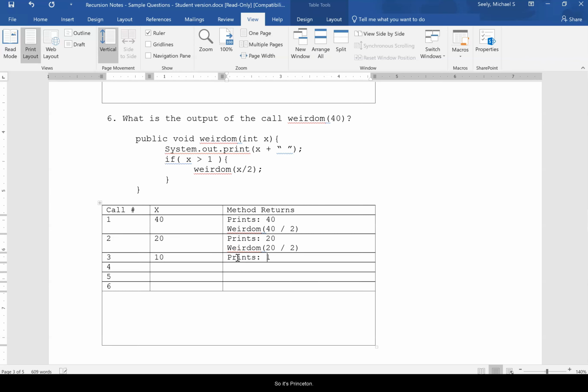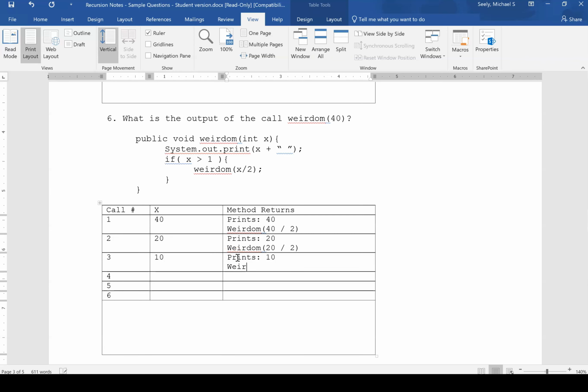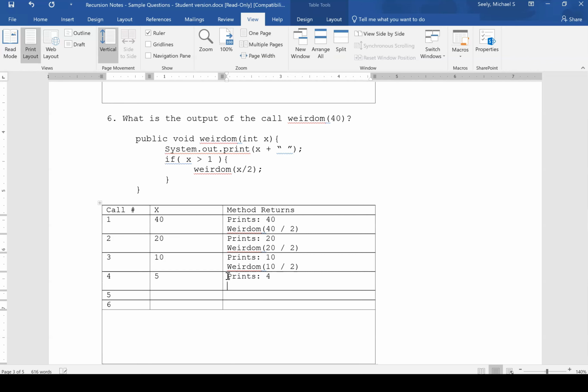So it prints 10. So we get our 5 here. So it prints 5. 5 divided by 2, and that gives us our 2.